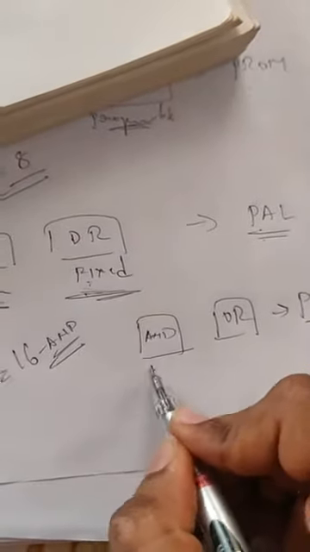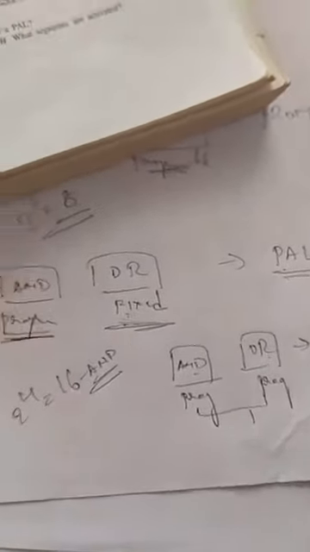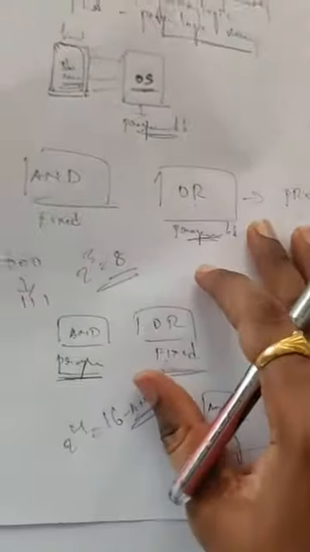Okay. So then we have the last one. This is AND, this is OR. The last one is PLA, programmable logic array. Here AND array is programmable, OR array is also programmable. We are supposed to make changes with respect to AND array and OR array in PLA. So let me recap.